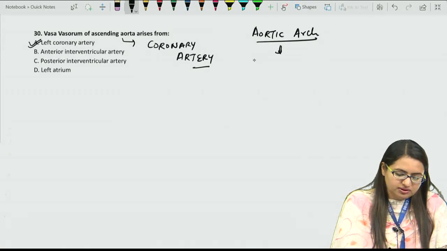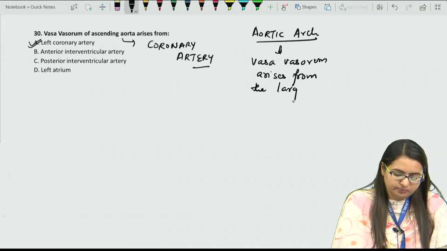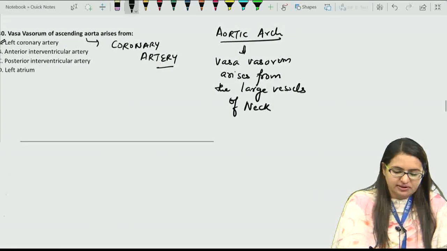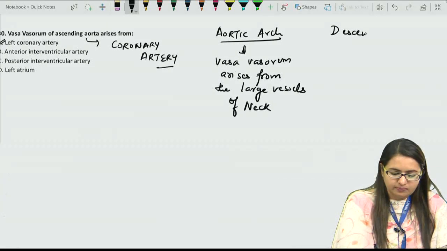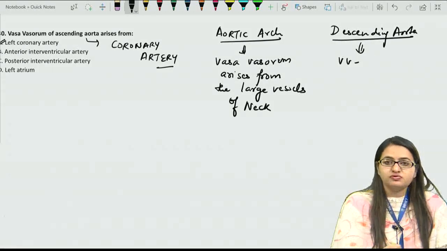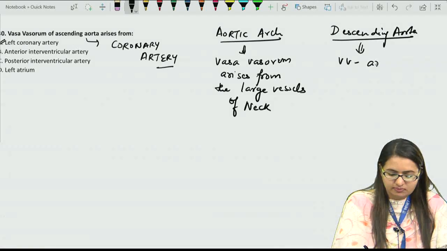So the Vasa vasorum in this case arises from the large vessels of the neck. When we talk about the descending aorta, the Vasa vasorum arises from the intercostal arteries.